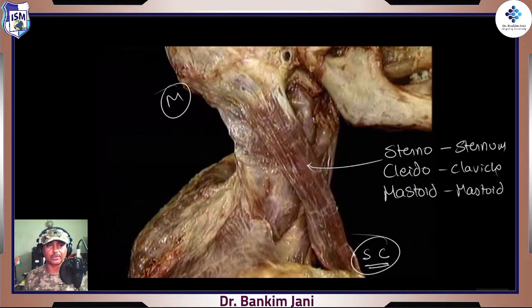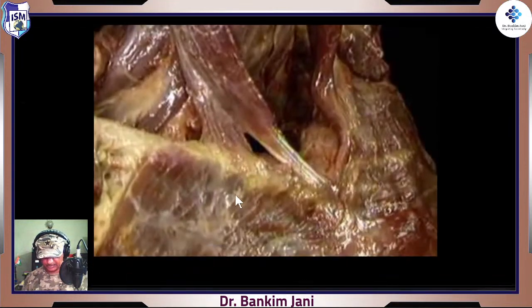This is the sternocleidomastoid muscle, right, which starts from behind the ear. That's the mastoid process, and then all the way it goes downwards, forwards, and medially, right? It goes over here. That is the sternocleidomastoid muscle. And see, this is how it lands, right?